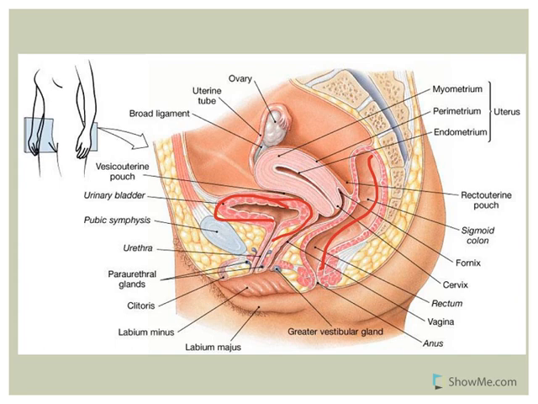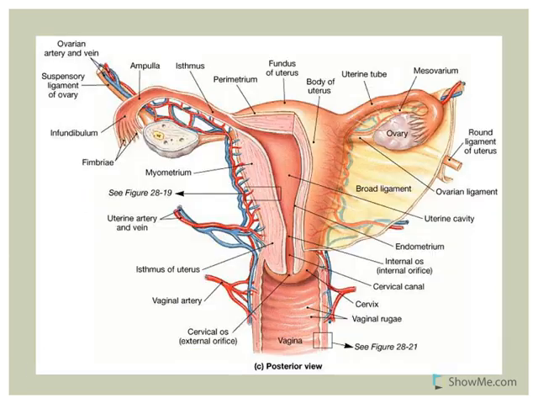Now we're going to look at another picture so you can see some of the structure. We're going to look at an anterior view. The top part of the uterus is referred to as the fundus. Again, you must say fundus of the uterus because when we do the GI tract, we'll talk about the fundic area of the stomach. So fundus is just a general term. The fundus of the uterus is the top where you see the fallopian tubes enter.